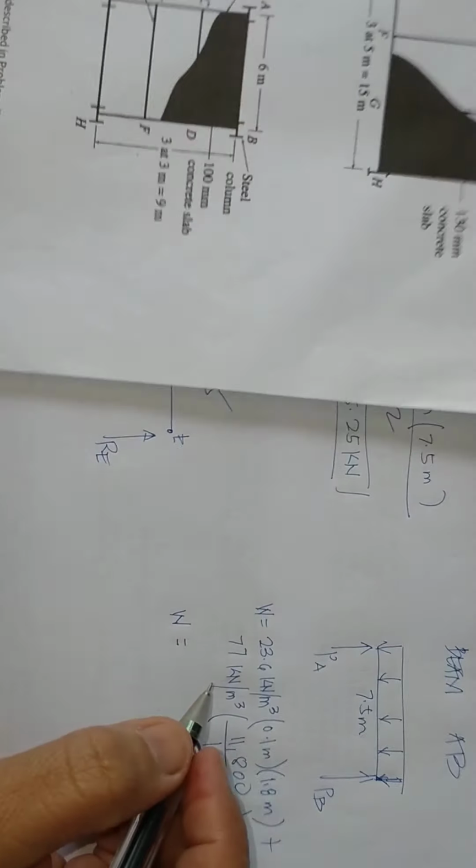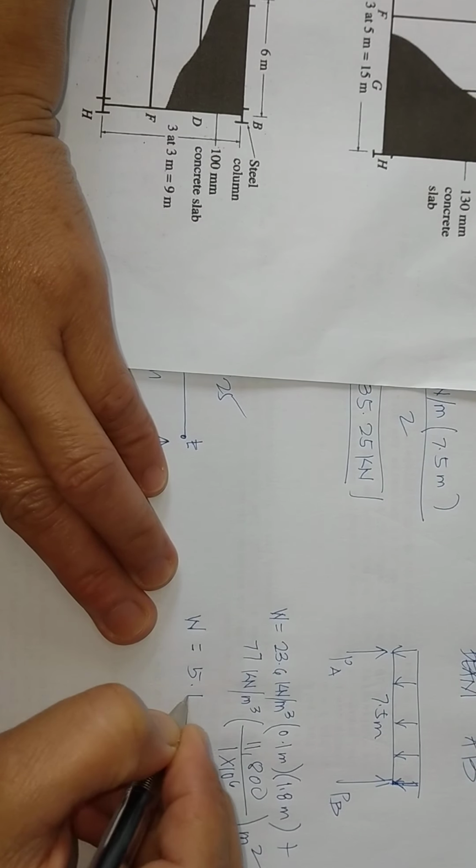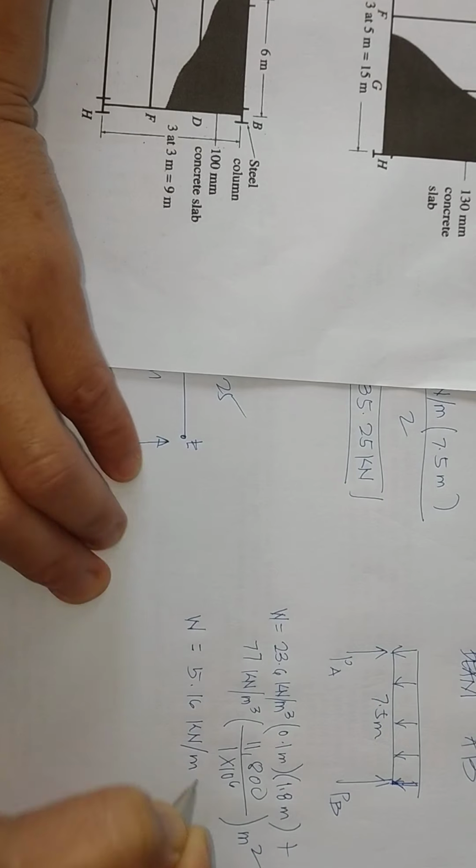So the distributed load is 5.16 kilonewton per meter.